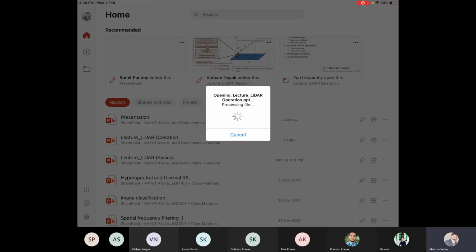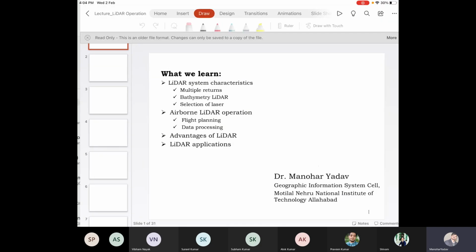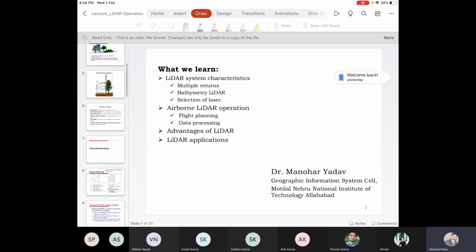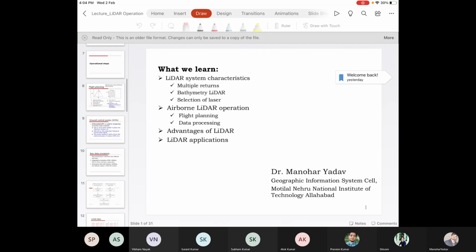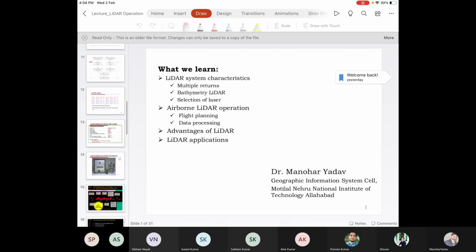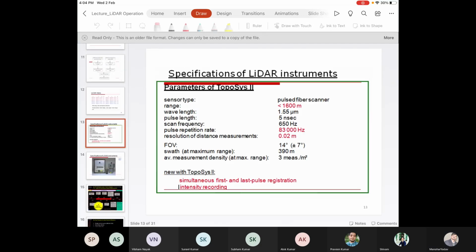So we'll see how this technology evolved in the beginning. So this is a general specification of one of the airborne LiDAR sensors, that is Toposys.